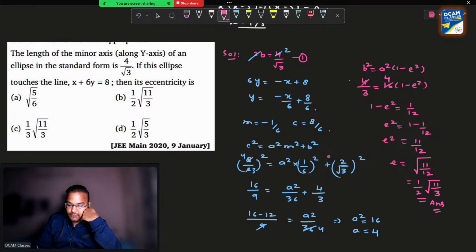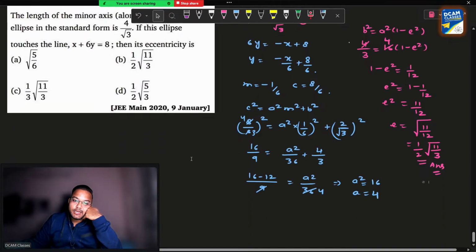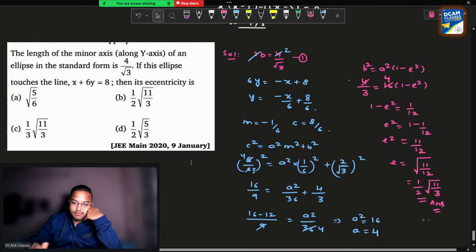And the next question I'm giving you is this. This was 2022, January shift. But it was not difficult, only an okay question.